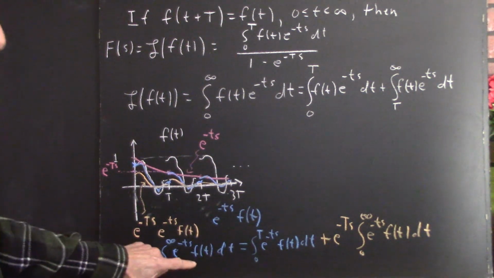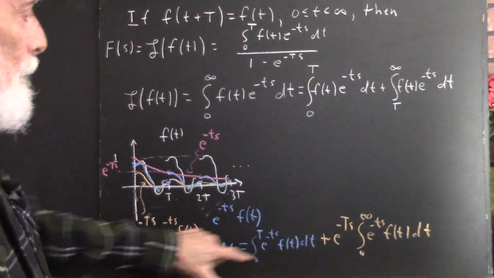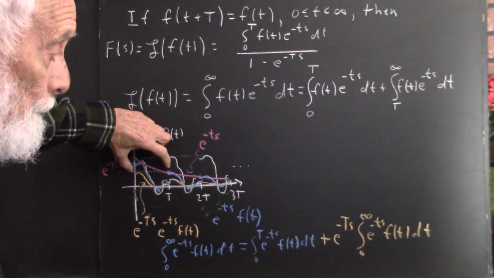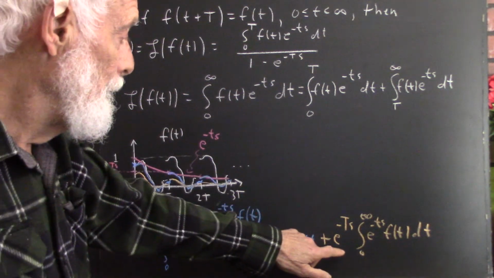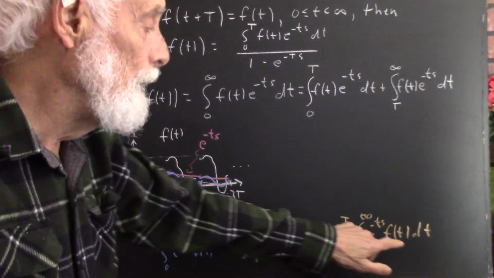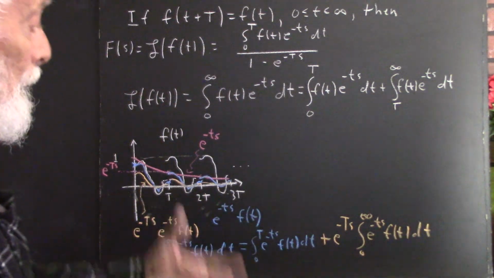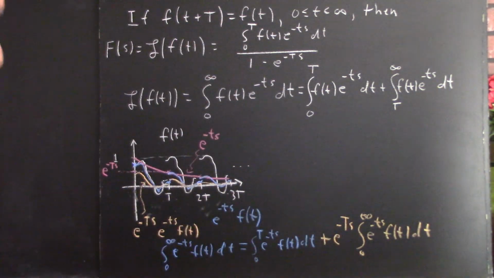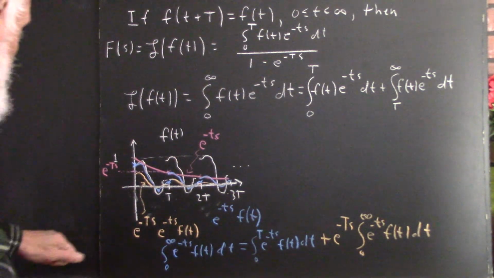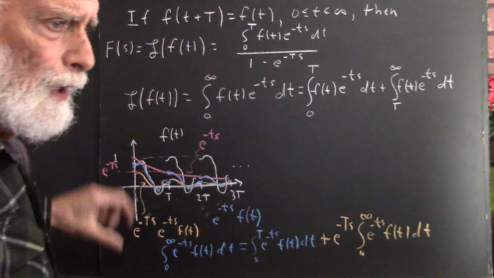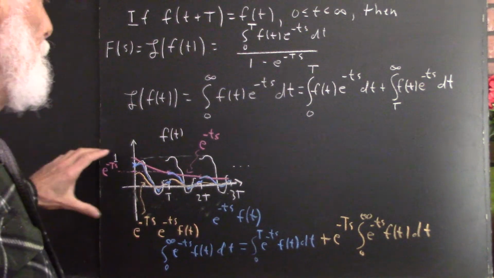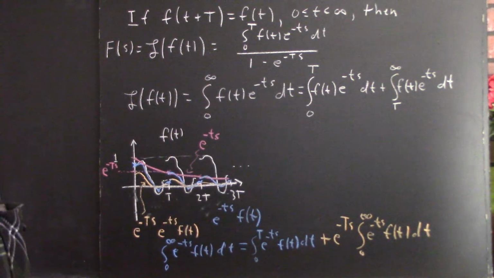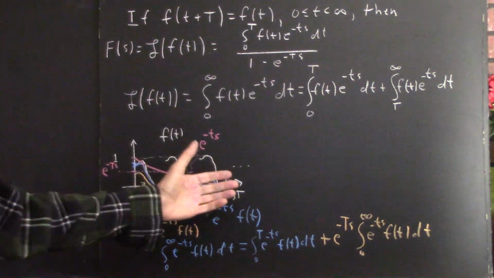So what I have is the Laplace transform equals the integral over the first period times e to the negative ts, plus e to the negative capital Ts times the Laplace transform. That can be rearranged to give you this. Again, that's the geometry, the picture of the function. That's an attempt at the picture of the function, and I think it's important to kind of understand that.